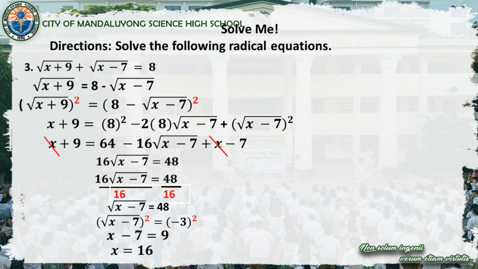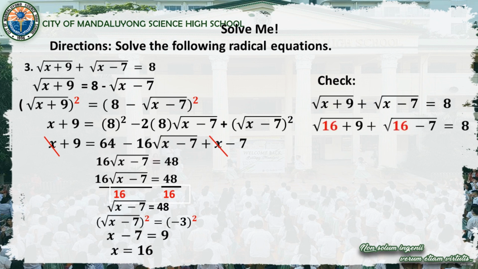And again, to check if our answer is right, let's go back to the original equation, which is the square root of x plus 9 plus the square root of x minus 7 is equal to 8. So again, just simply plug in or substitute 16 for x, and it goes like this. If we add 16 plus 9, and on the right subtract 7 from 16, we'll have the square root of 25 plus the square root of 9 is equal to 8.